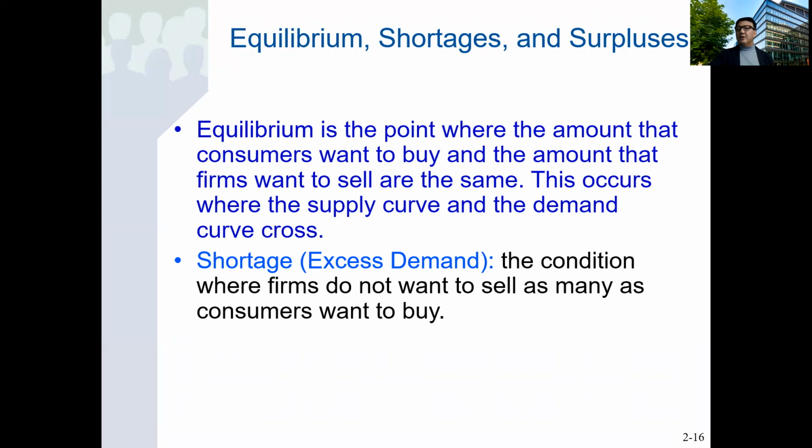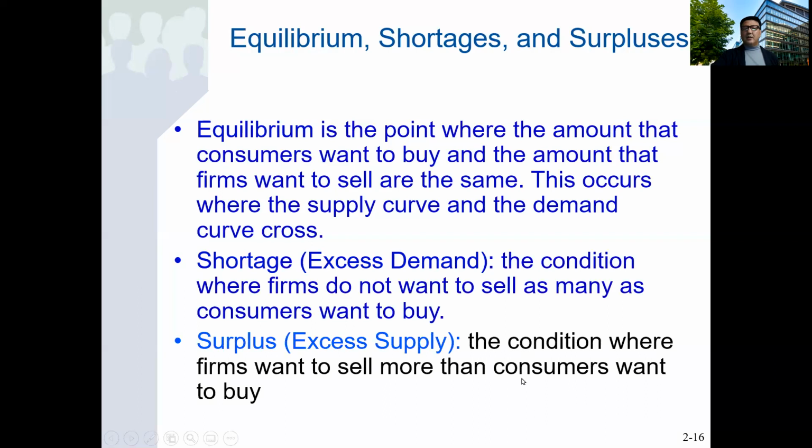There's a shortage caused by excess demand, or a surplus caused by excess supply, the condition where the firm wants to sell more than the consumer wants. A shortage can happen because of excess demand, because people really want it quickly, or it can happen because of the supplier.